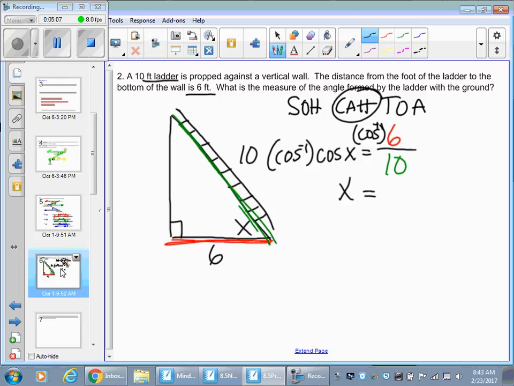So I'm going to type it in my calculator: the inverse of cosine of 6 divided by 10 equals 53.1. And that is degrees. Don't forget to mark that.